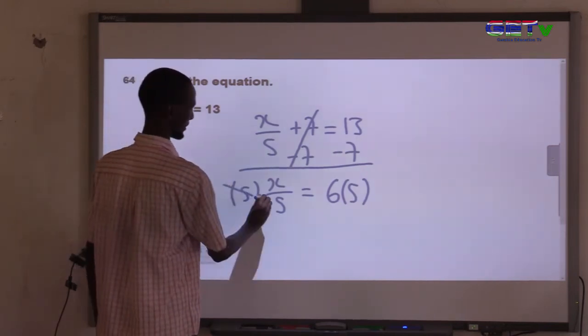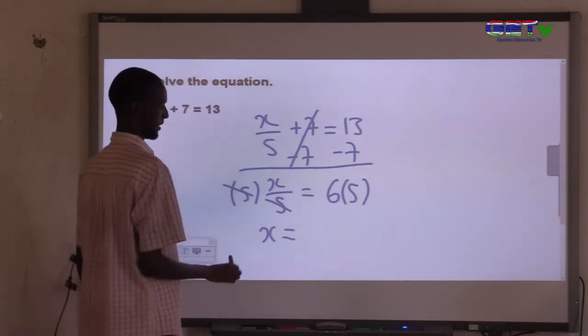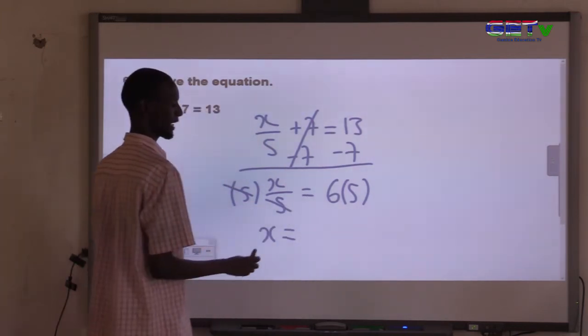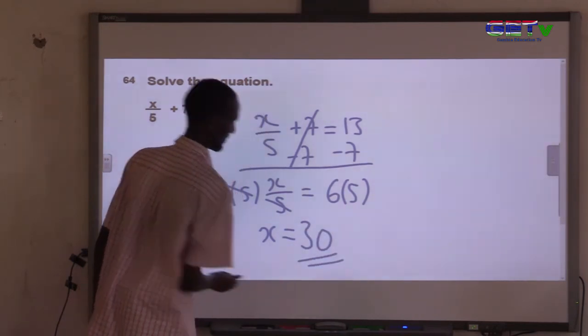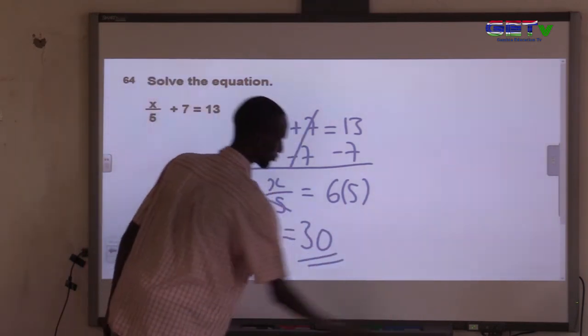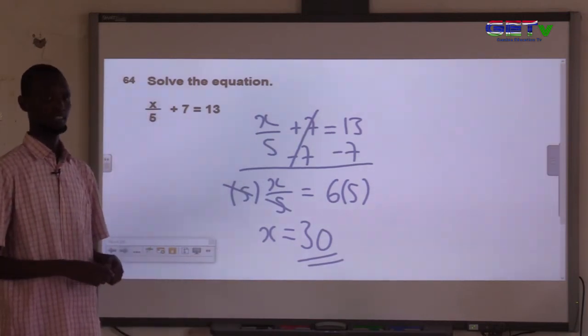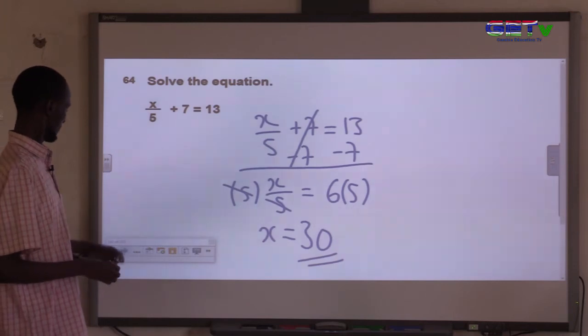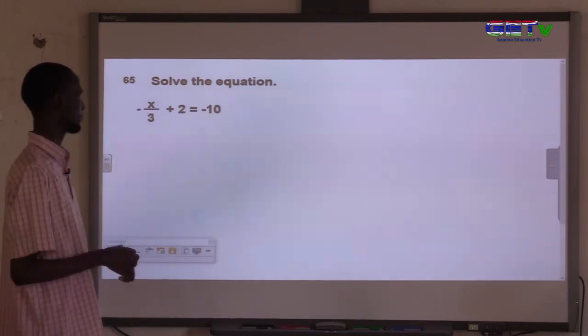Then the 5 will cancel out the 5. You have x. And then 6 times 5 should give us 30. So our solution to that question should be x is equal to 30. And we move along. Still, we have more questions to try together.